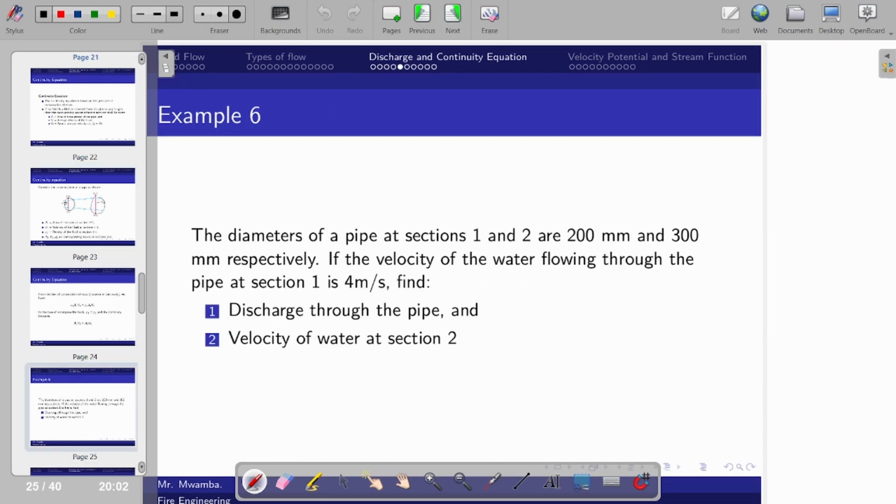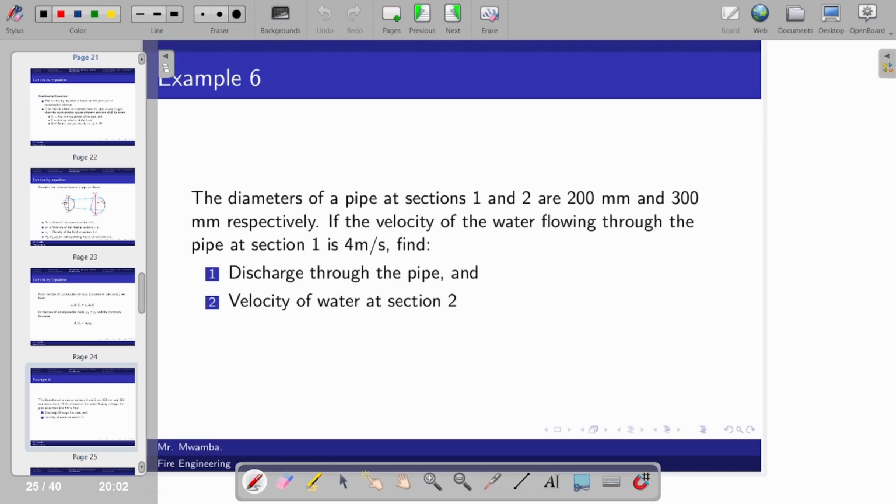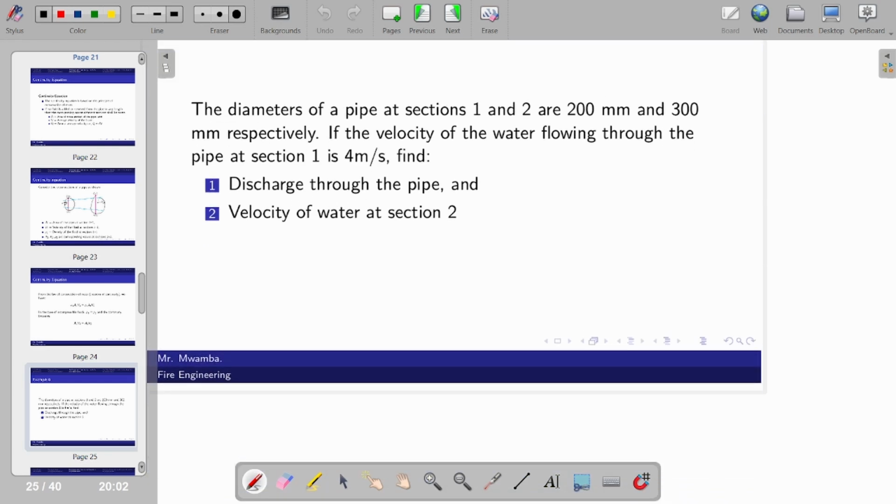Let us do an example. In this example, the question is saying that the diameters of a pipe at section 1 and 2 are 200 millimeters and 300 millimeters respectively.